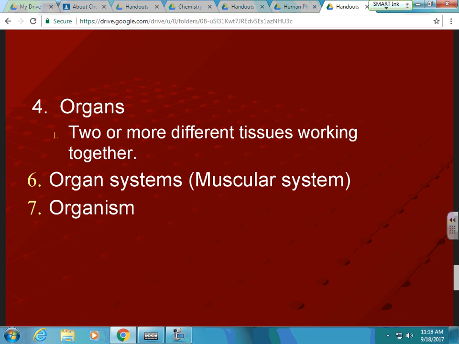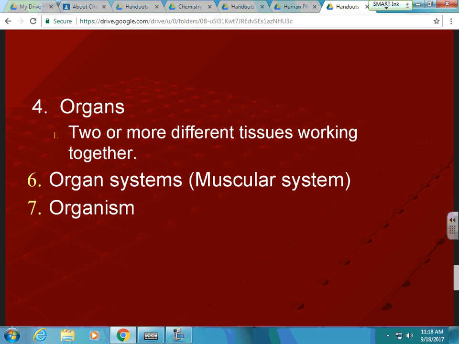And then we get to body systems, starting with the integumentary system, nervous system, muscular system, skeletal system, working our way through. Those are organ systems. Digestive system: a bunch of different organs working together for what purpose? So we can digest things, okay?